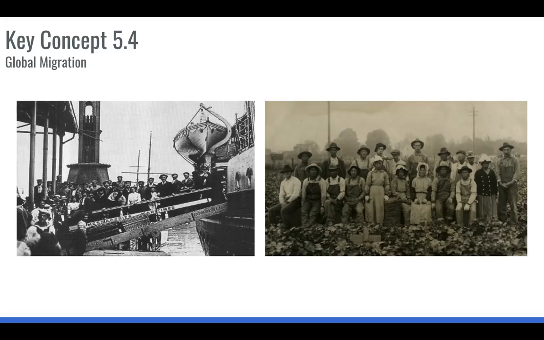And on the right, we see Japanese agricultural workers in the Pacific. This image happens to show Japanese strawberry pickers in the Pacific Northwest in Washington in the year 1915. But these agricultural workers could move and work seasonally and then return home. Other examples of this include Lebanese merchants in the Americas who would move to the Americas seasonally or sometimes just for a short period of time before moving home permanently.